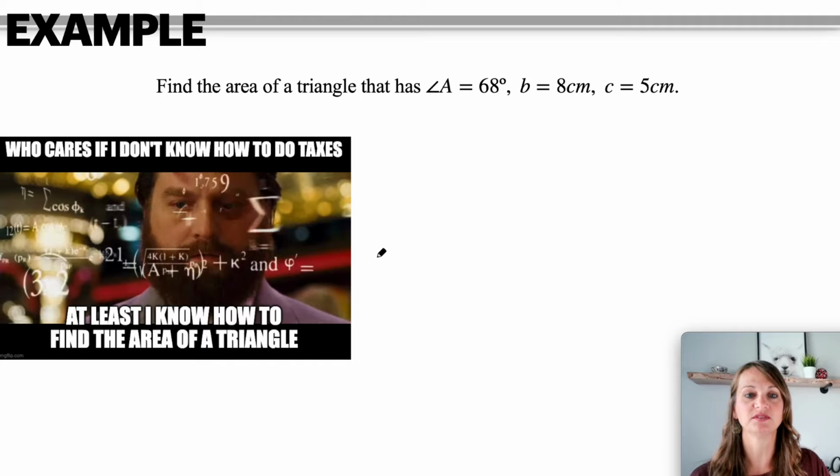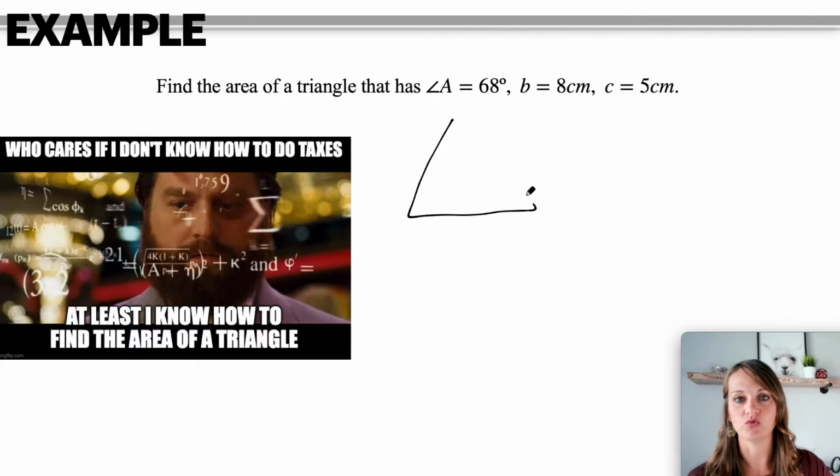So for example, let's find the area of this triangle. First we need to make sure that it is a side angle side triangle. If you were to draw this triangle, it doesn't really matter what it looks like, but if that's A, that's 68 degrees, that is B, that is C. Little b is 8 and little c is 5.